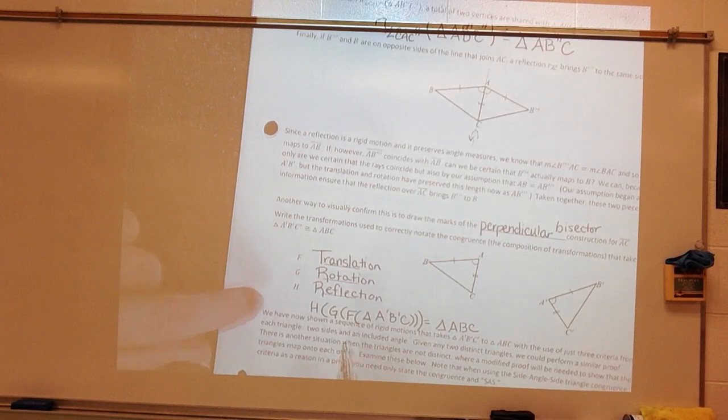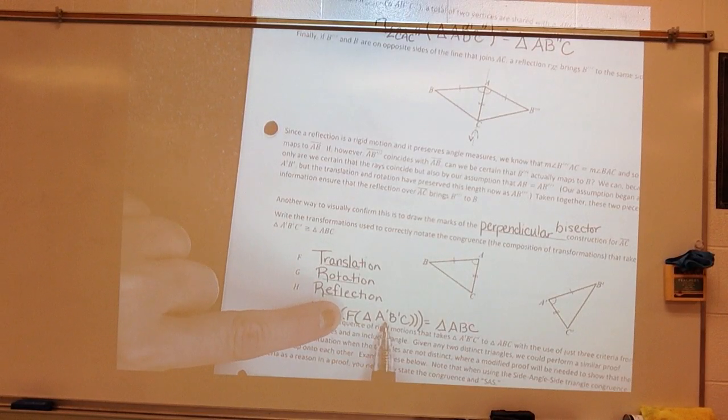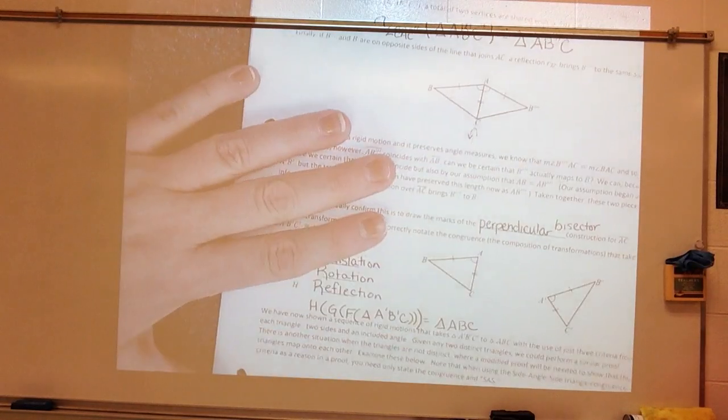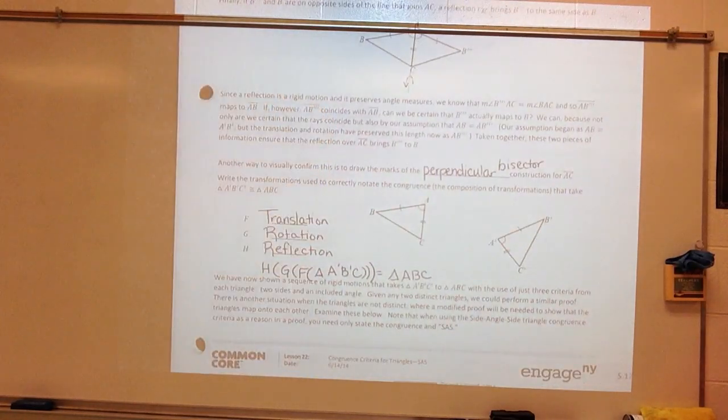In other words, it's telling me that I'm going to translate my image, then I'm going to rotate that image, then I'm going to reflect that image, and it will give me back my original figure.